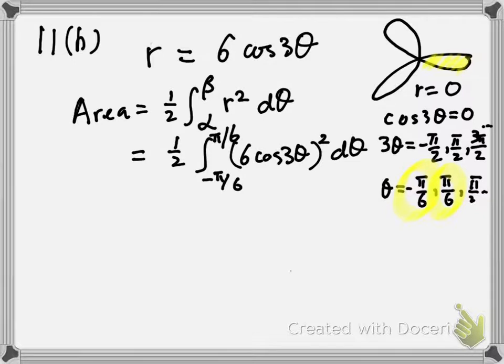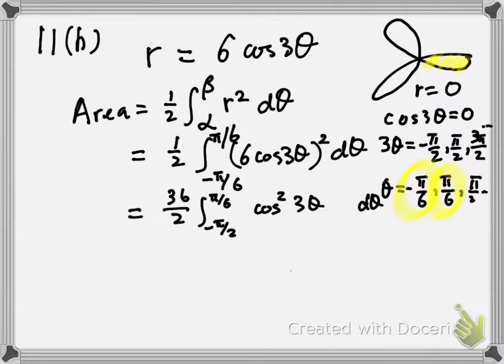So now it's a question of how you integrate a cosine square. Let's expand this. Expanding that, we'll get 36 cosine square. We know how to integrate cosine square.